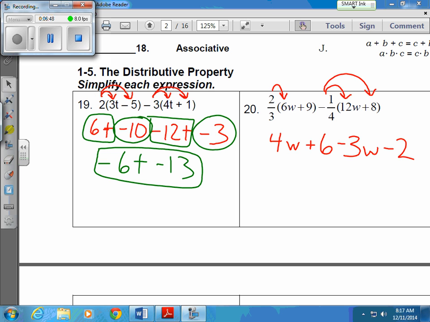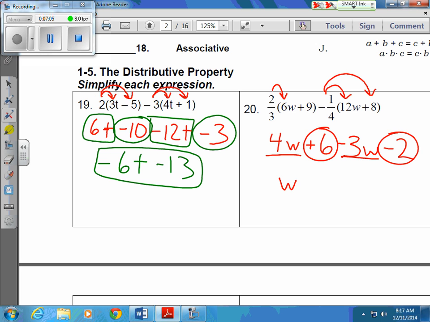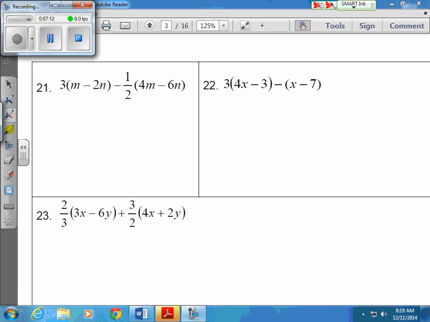So then, let's collect our like terms first. 4W minus. And so what do you write? Just W, no, write the 1 plus 8. Oh, 4 plus 4. 3. Okay, minus 2.